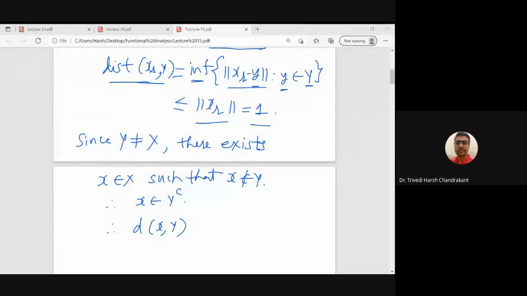Y is a closed subset, and x does not belong to Y. So distance of x with Y, can it be 0?